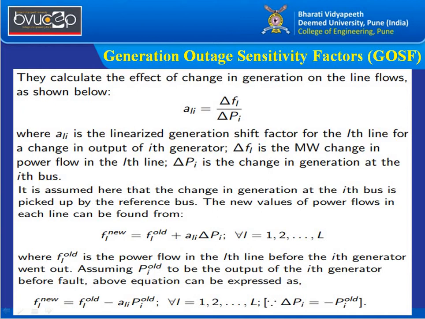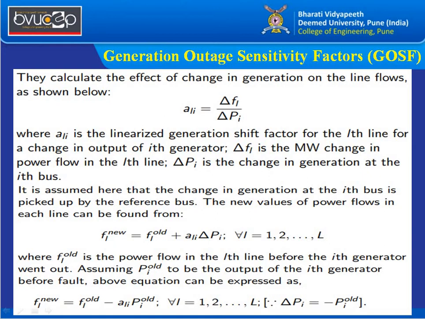This is the linearization factor, which we can use to calculate the new value of the line flow, so that we can compare the two values and check the contingency result of the system. Here ALI is the linear generation shift factor for the Lth line for a change in output of the ith generator. Because of a change in the ith generator, it shows how the power flow changes on the Lth line.